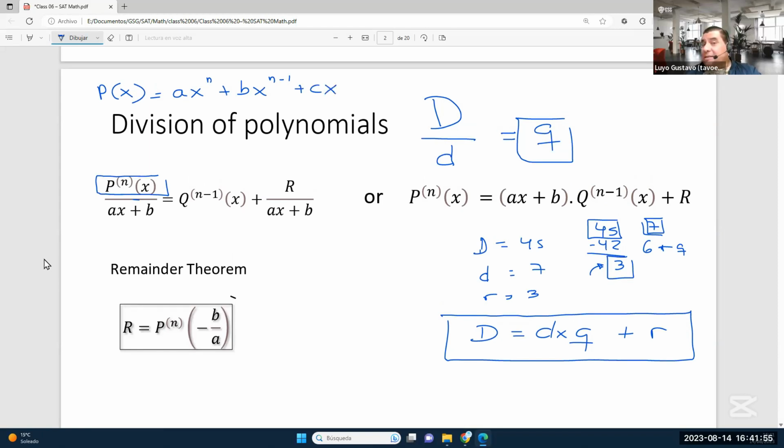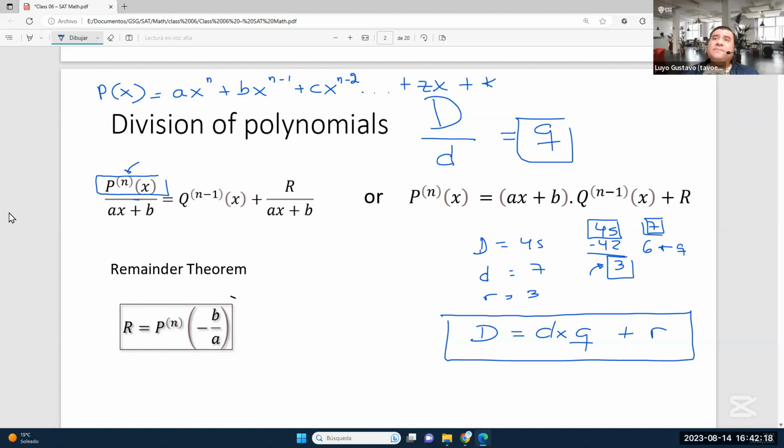You are decreasing the exponent of the terms up to having, for example, z times x plus a constant value k. Okay, that's a polynomial of degree n.